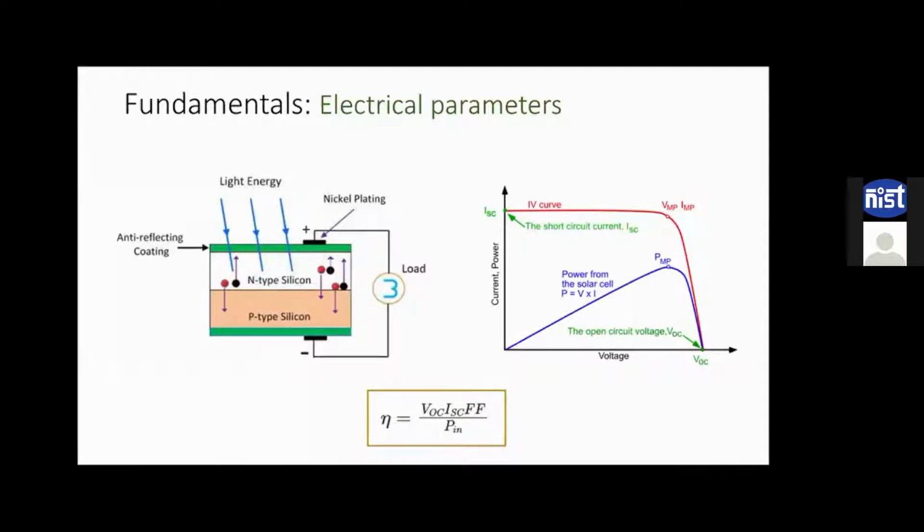So the overall internal resistance effect reflects in this fill factor value. By seeing the current voltage characteristics, you can tell how much fill factor you got for your solar cell. If your IV curve looks more square, then your fill factor is good, and if the fill factor is good, then your efficiency will also be high.